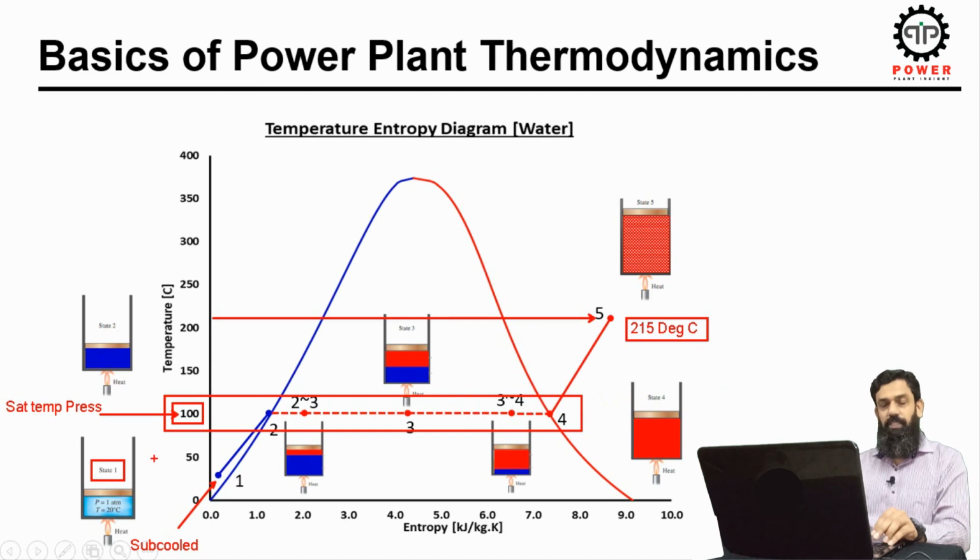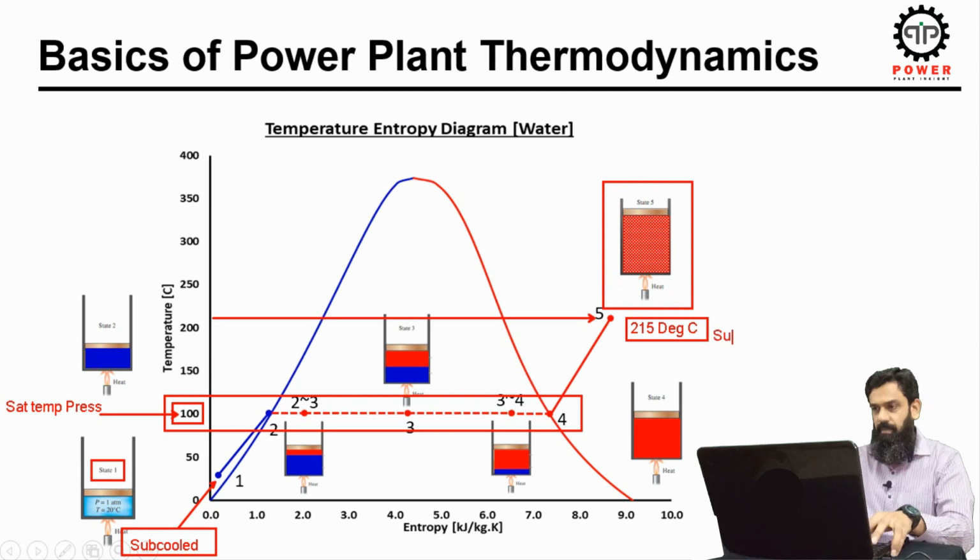So concluding the discussion, if the temperature of the system is less than the saturation temperature at that particular pressure, it will be called a subcooled system. And if the temperature of the system is higher than the saturation temperature at that particular pressure, that system will be called a superheated system.